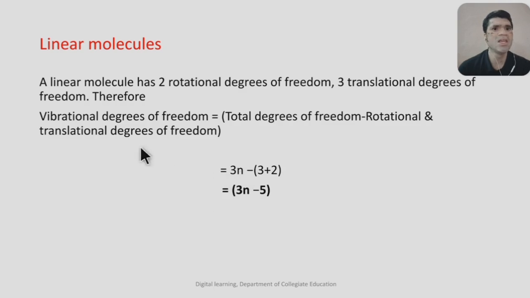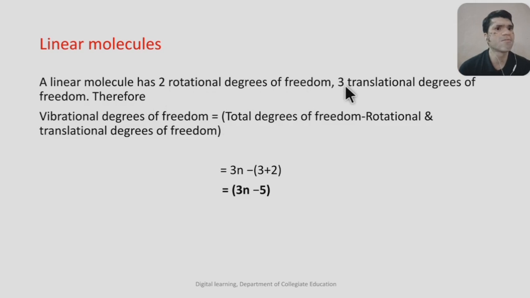If we place this linear molecule along the z-axis, the molecule can rotate along the x-axis and also along the y-axis, but on the z-axis it is rotating along its internuclear axis, and therefore only 2 rotational degrees of freedom are possible.